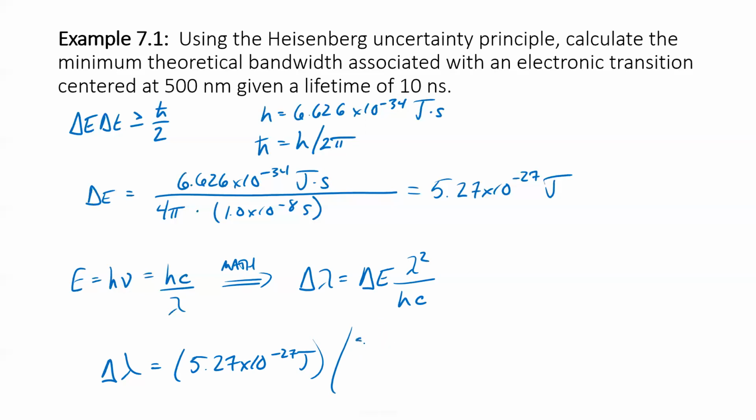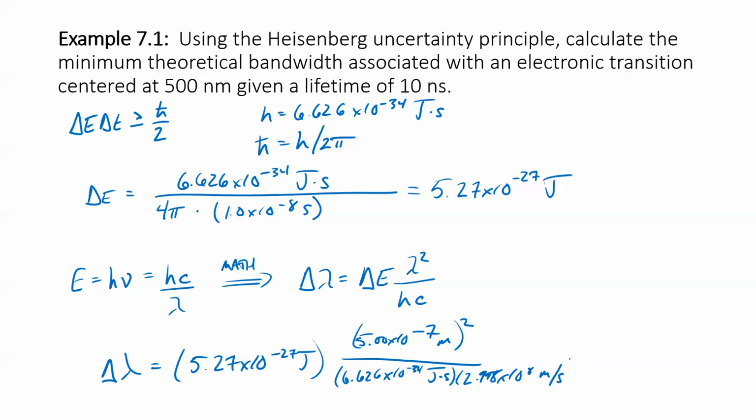So that's 5 times 10 to the negative 7 meters squared, divided by h, 6.626 times 10 to the negative 34 joule seconds, times c, 2.998 times 10 to the 8 meters per second.